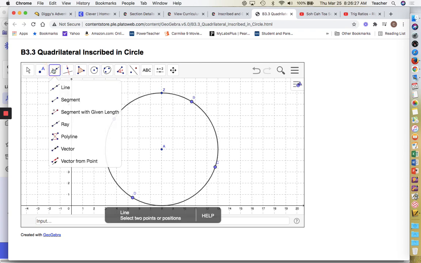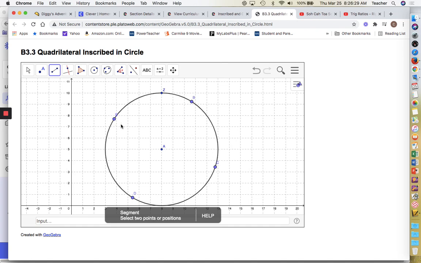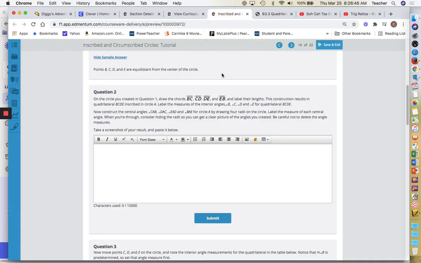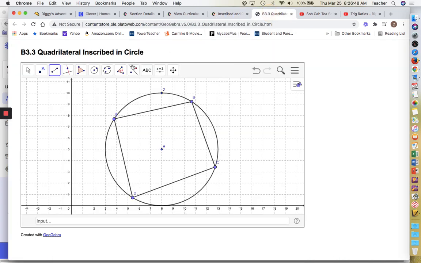So I'm going to come over here to segment. I'm going to connect B to C. That's a chord. C to D. D to E. E back to B. So these are all 4 chords. And again, a chord is a segment that connects 2 points on a circle. And I think they wanted me to find their lengths. Yes, I need to label their lengths.